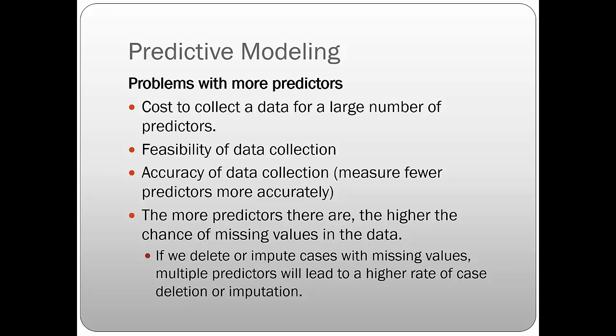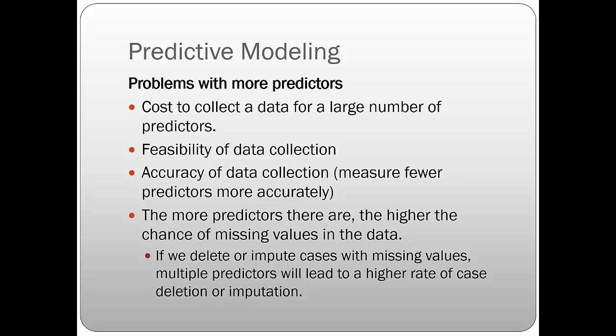So the more predictors there are, there are more chances that you may have missing values. Okay, some values that are not available in the data set. So if you have missing values, then you have to either delete that row, because regression analysis will not be able to handle if there is a hole in the data. In a column there is one observation missing, then either you have to replace that missing value with something reasonable, in which case you can keep the data, or you have to get rid of that row. Then only regression will work.